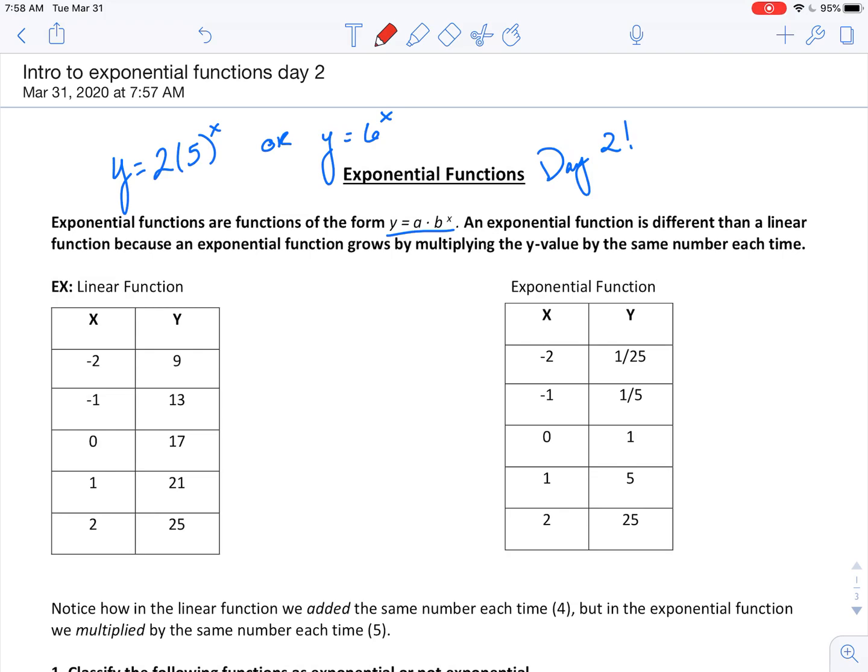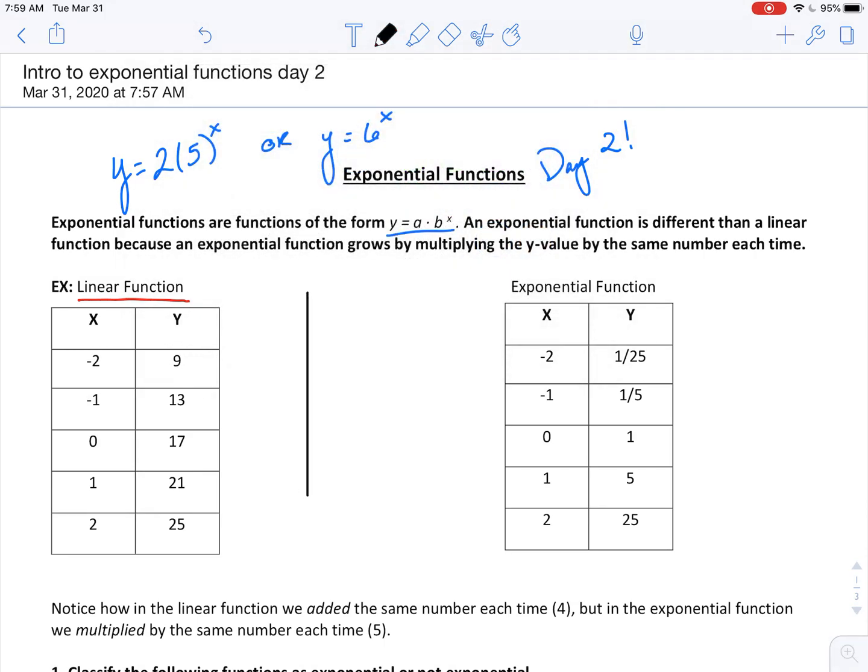So, let's look back at how this exponential function changes. How does the y value, or this y column, change in an exponential function?